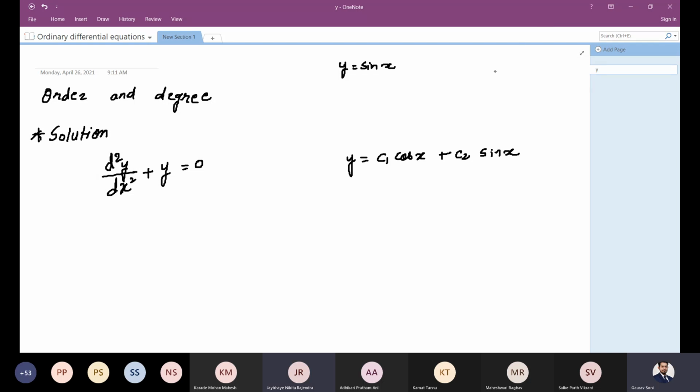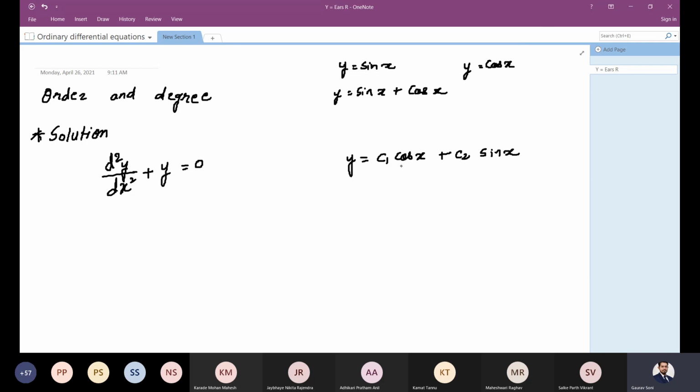So we saw that y equal to sine x was the solution. Y is equal to cos x was the solution. Then y equal to sine x plus cos x was also the solution. And so there are infinitely many solutions to a particular differential equation.